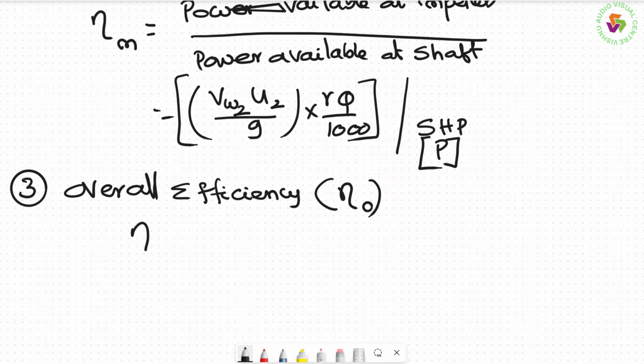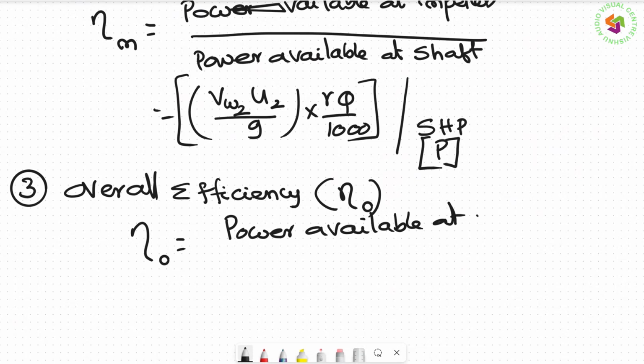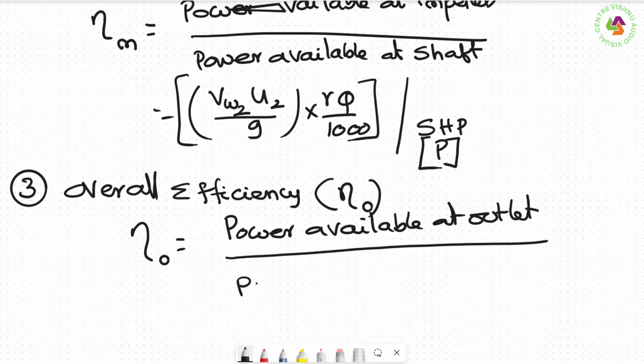What is overall efficiency? The first thing is the power available at outlet, because the final thing is this power available at outlet of the pump divided by power available at shaft.